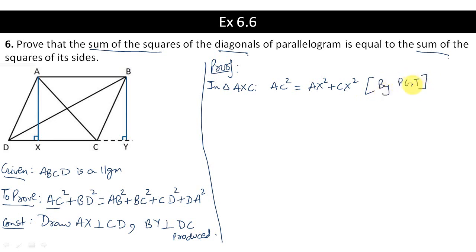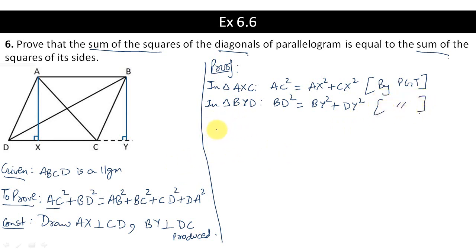Similarly, to get this BD, we'll consider triangle BYD. So in triangle BYD, we get BD square is BY square plus DY square. Again, this is by Pythagoras theorem.